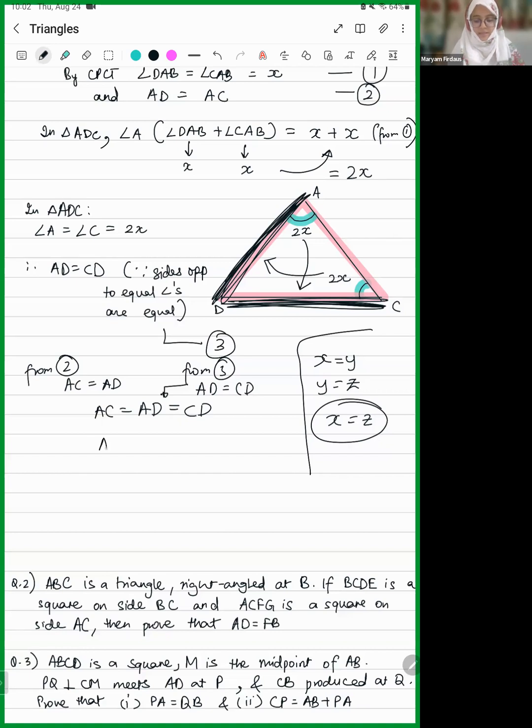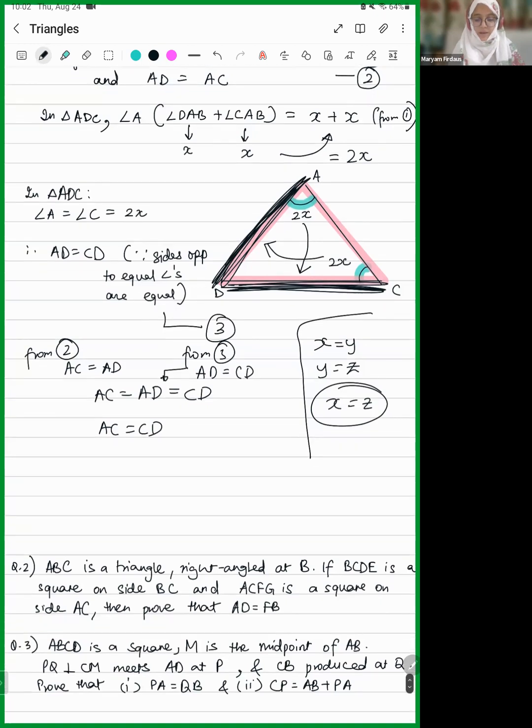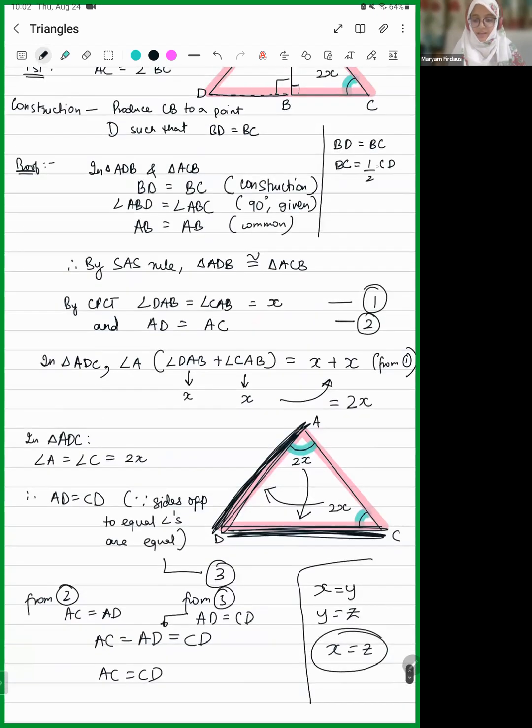That means AC is equal to CD, yes or no? Yes, ma'am. Okay. So AC is equal to CD. But we have just seen that CD is equal to twice of BC. Or in other words, let me just send the 2 to the other side of the equation: 2BC equals CD.